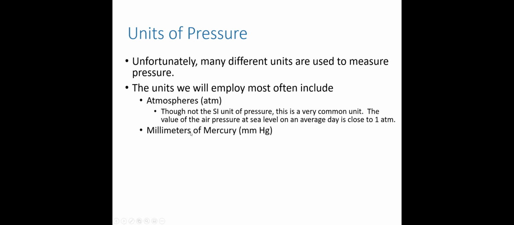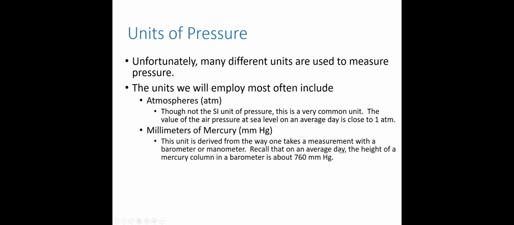Millimeters of mercury. Now, of course, this looks like a length unit, but when we combine these together, what this is understood to mean is, what would the height be of a mercury column when we measure it in a barometer? So essentially we already saw that on an average day, a mercury column should be about 760 millimeters tall in a barometer.